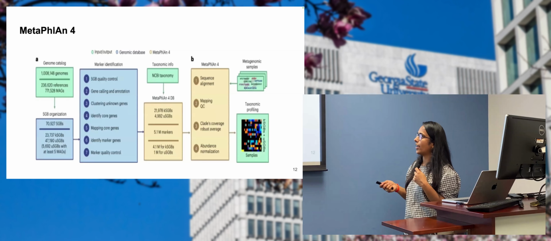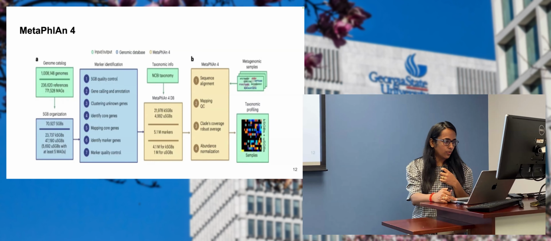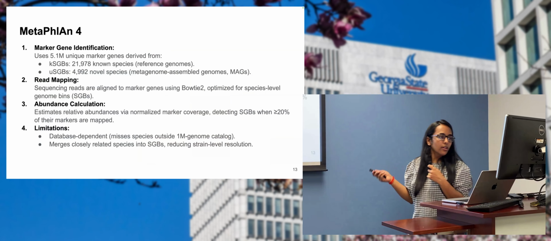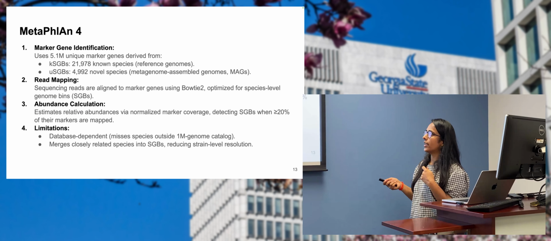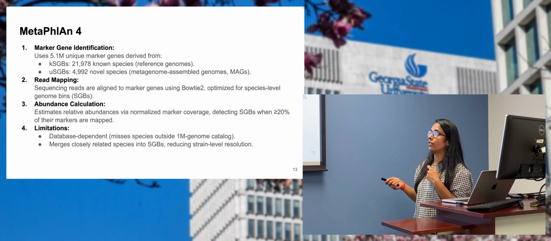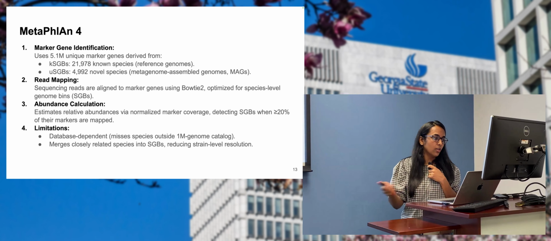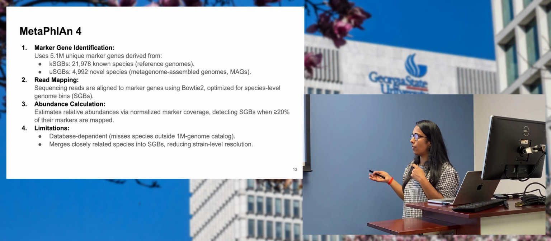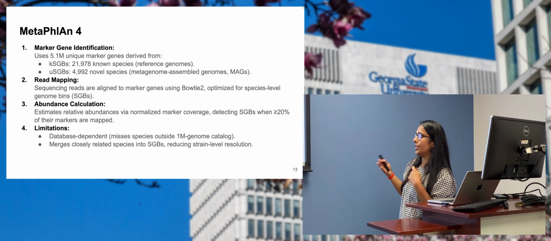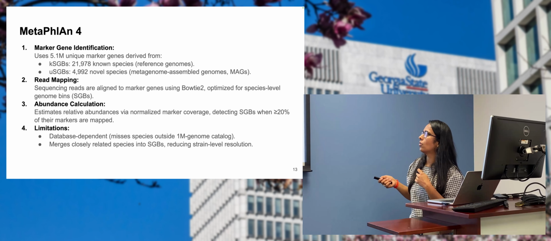MetaPhlAn 4 is another tool that I used. Here are the steps. It also depends on marker gene identification. It has 5.1 million unique marker genes derived from known and novel species, where novel means new species that might not be discovered yet, with metagenome-assembled genomes taken from the environment.